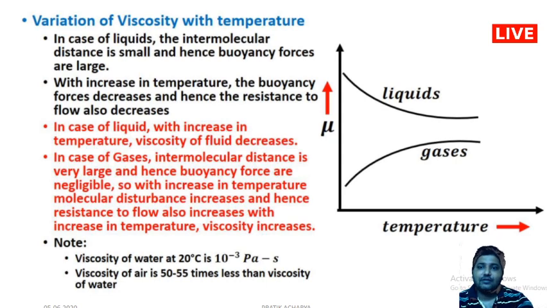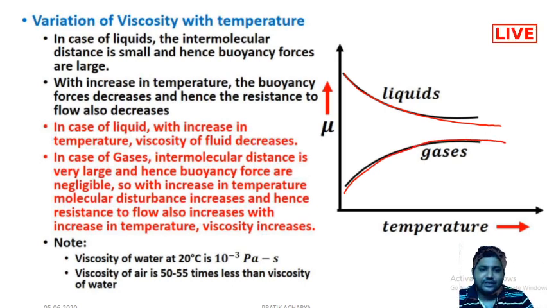As the molecular momentum exchange increases, they collide with each other very fast. As they collide very fast, the resistance to flow increases. So what we are trying to say is, in case of liquid, the viscosity decreases with increasing temperature. In case of gas, the viscosity increases with increasing temperature.